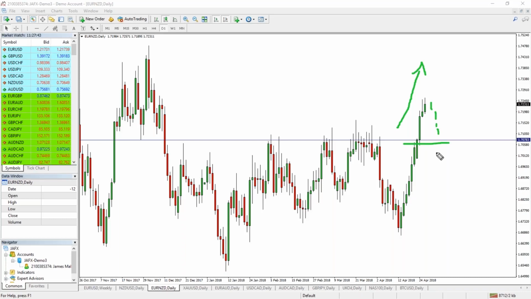Again, if we look at the euro, I know we discussed this just there. A very clean break of price action here. So the trade here, of course, if you didn't want to trade the New Zealand dollar against the US dollar, is to buy this market to the upside. So that is, of course, more likely to continue than to just shift and pull back down to the downside.